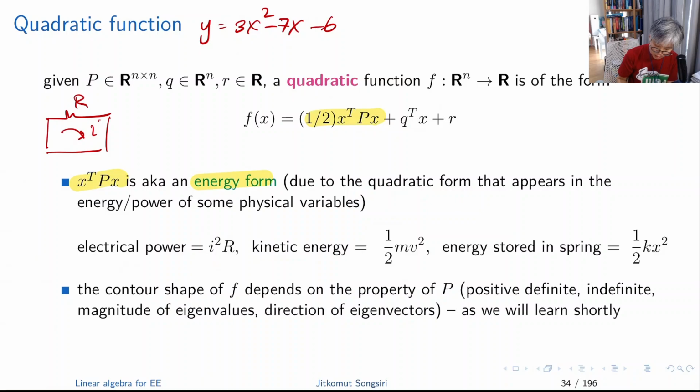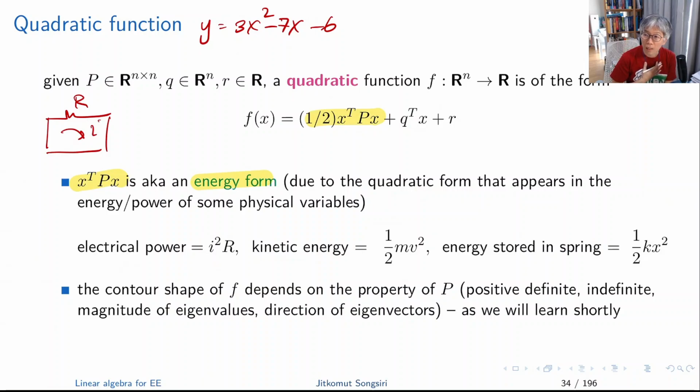Or the potential energy stored in a spring stretched by distance x is kx squared, a quadratic function in the distance x. So we have seen this quadratic function or energy form all the time in real life.